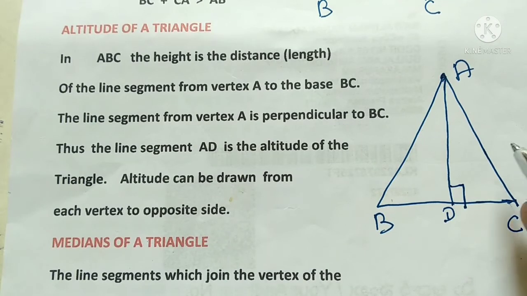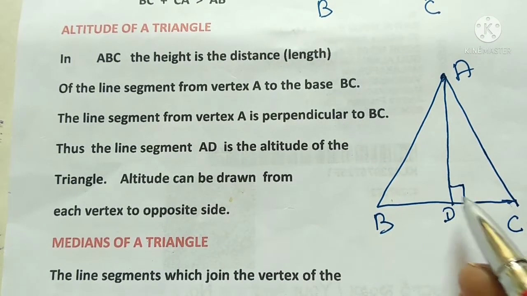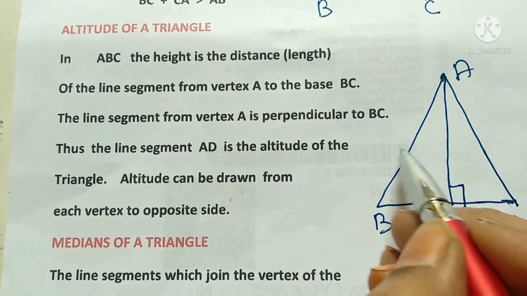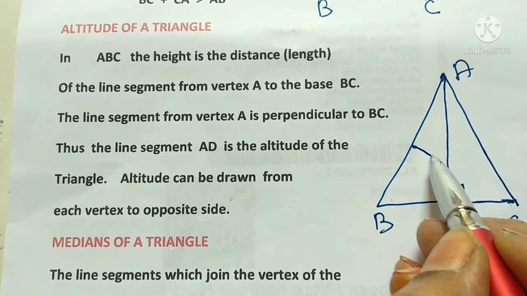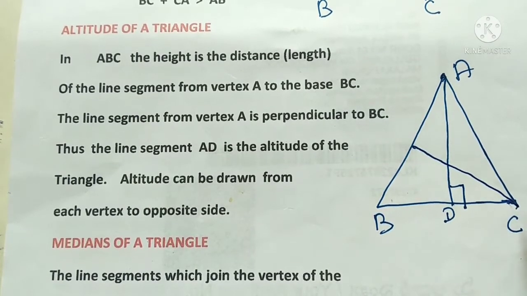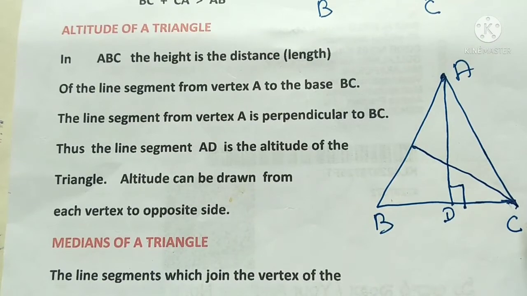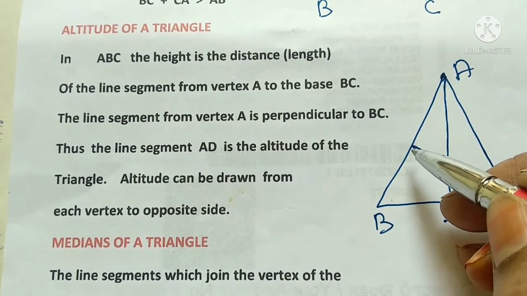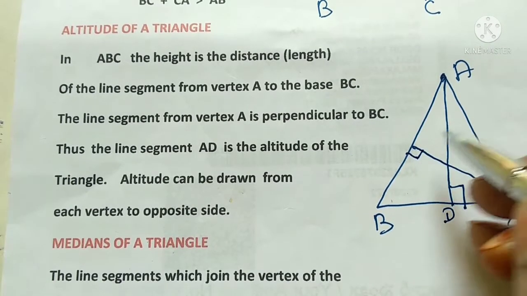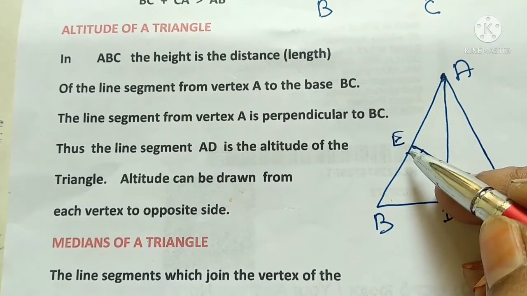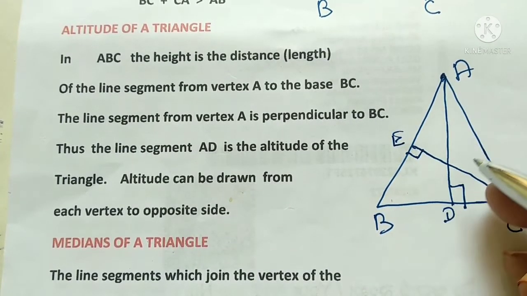In the same way, the altitude can be drawn from any vertex. Say from C, we are drawing a perpendicular because for C, AB is the opposite side. From C, we draw a perpendicular. Let us say this is E. So CE is an altitude of this triangle.